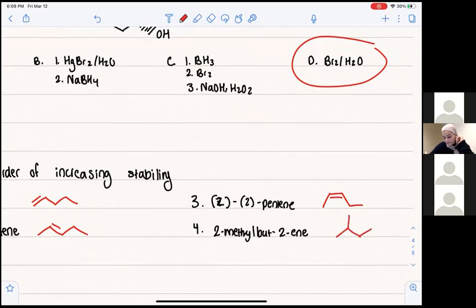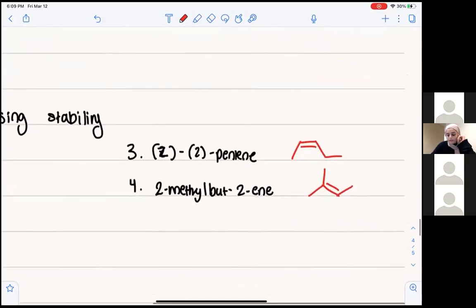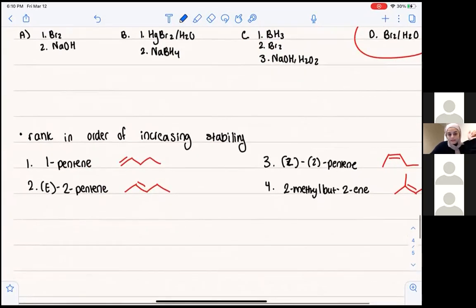Okay, so looking at the most stable one, let's write a note for ourselves really quick. But it says rank in order of increasing stability.